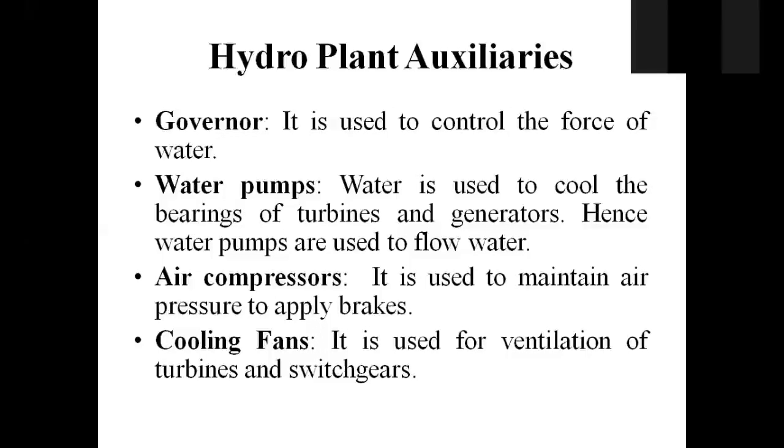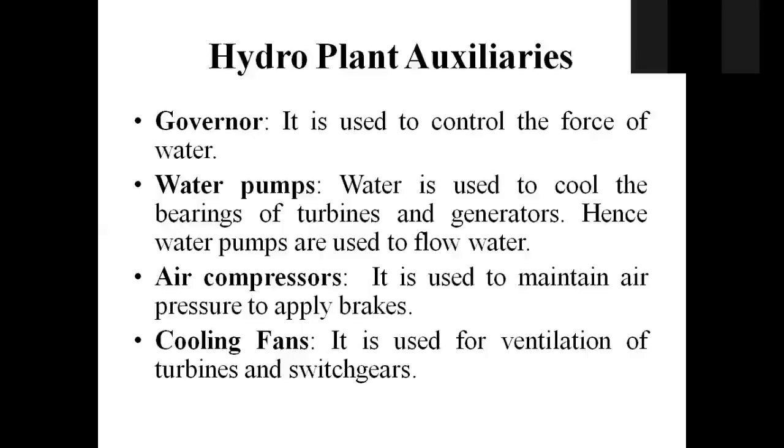Let us see the various auxiliary equipments used in hydro power plants. In our previous class, we have seen the main parts of hydropower plants. Now, there are some auxiliary equipments that are used in a hydro power plant.